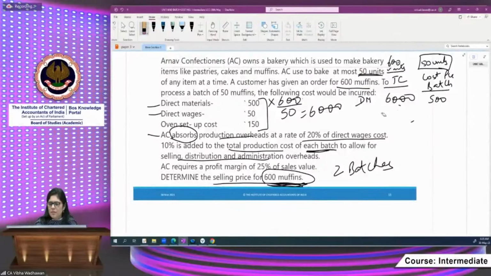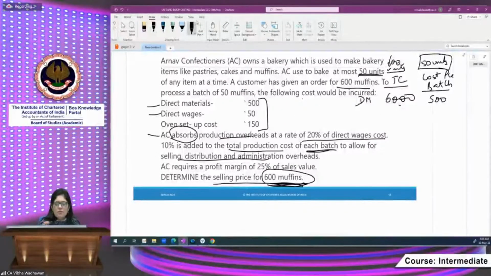Okay. So let's proceed with the question. Calculate the direct labor cost now. Direct labor 50 is per batch. So you can do 12 into 50, or you can do 50 into 600 divided by 50. It will come out to 600. Direct labor is 600.